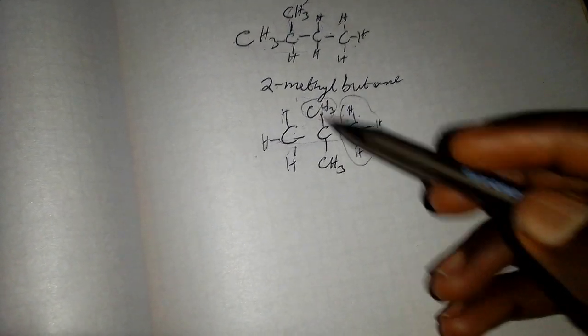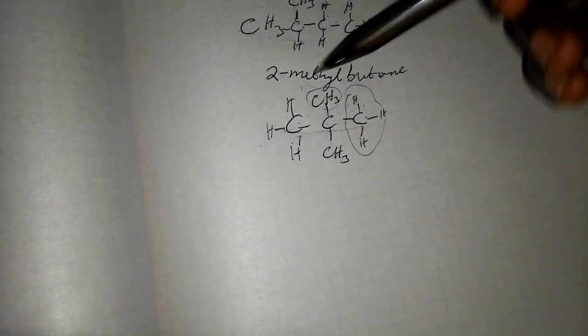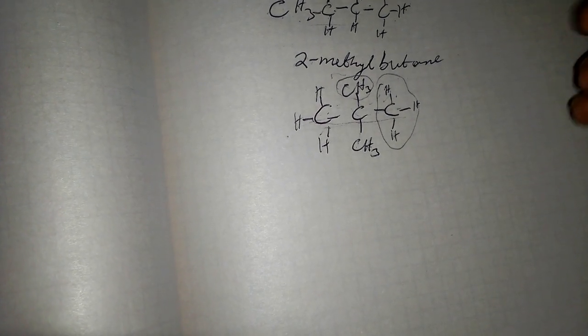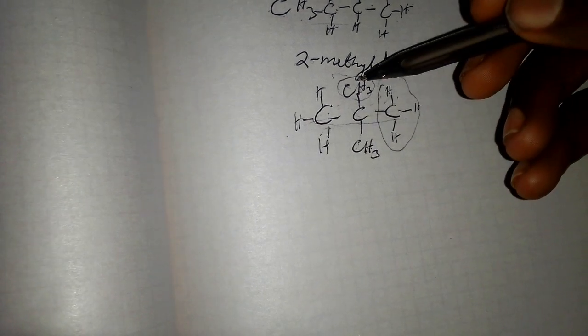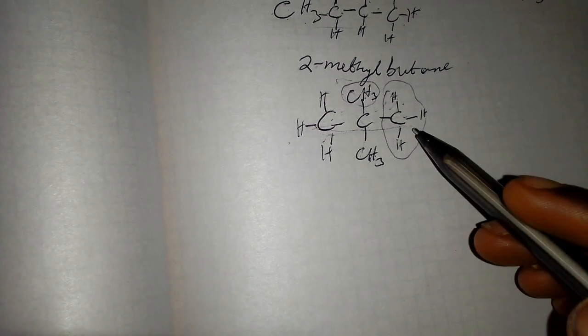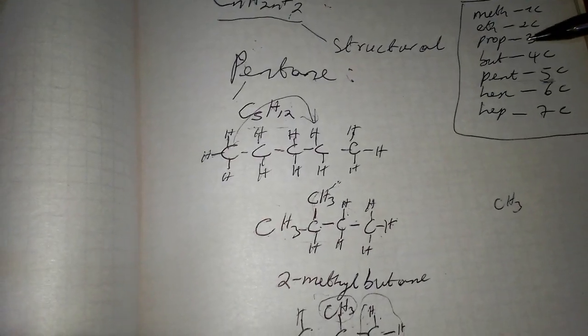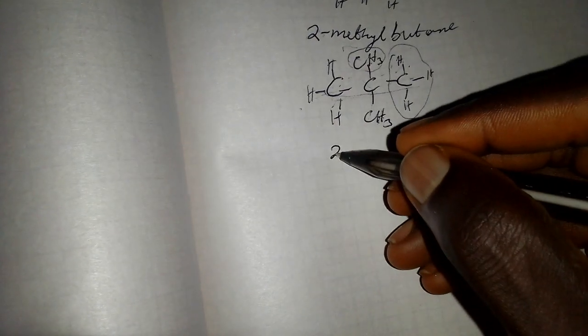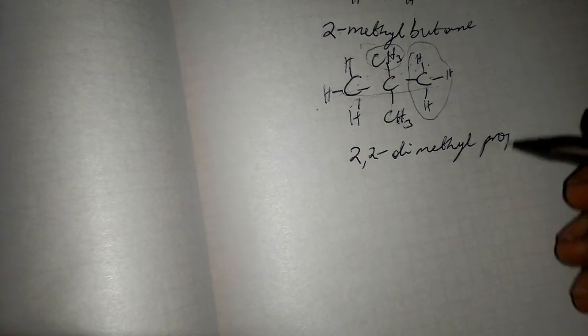So I have 2,2-dimethyl, because we have 2 methyl groups to make it dimethyl, and 3 carbon atoms in the straight chain, which makes it propane. So this is 2,2-dimethylpropane.